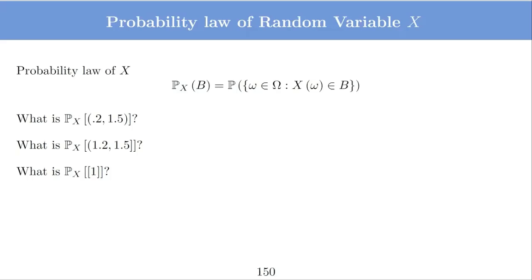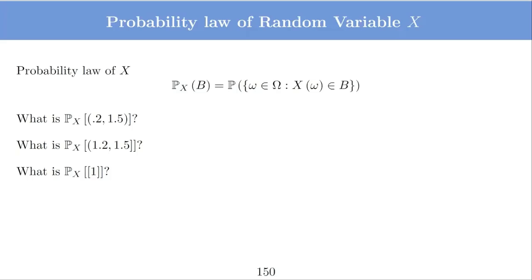Same with t: does X(t) belong to B? X(t) is 2. It does not belong to this set. So the only outcome which maps to this set is h. So P_X of this set will be equal to the probability of the singleton set h, which is 1 by 4.